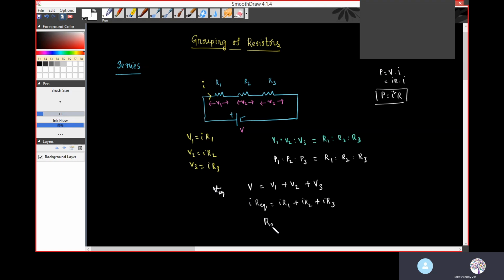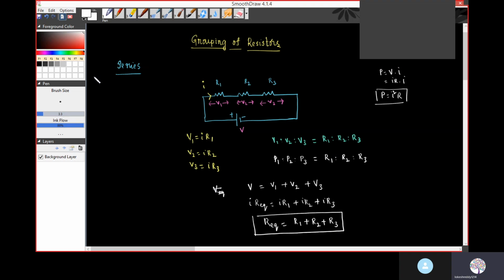Then R equivalent is equal to R1 plus R2 plus R3. So R equivalent is equal to the sum of the resistances.